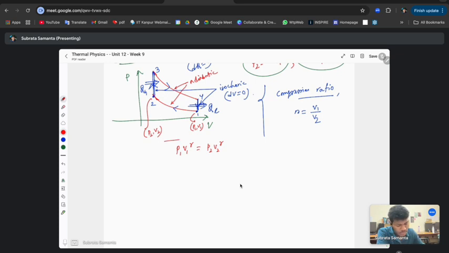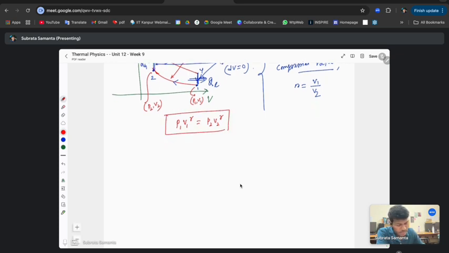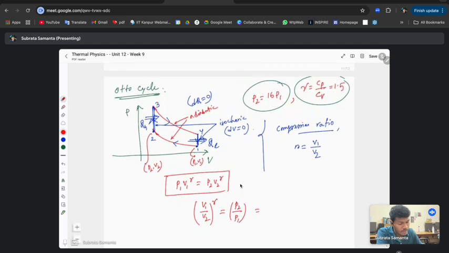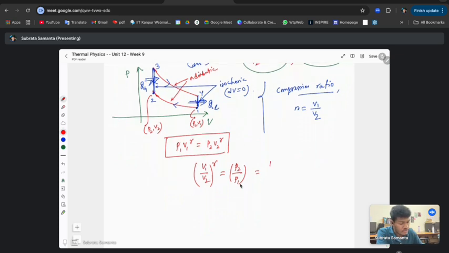So V1 over V2 to the power gamma is P2 over P1. In the given problem, P2 is 16 times P1, so 16 P1 over P1 is basically 16.